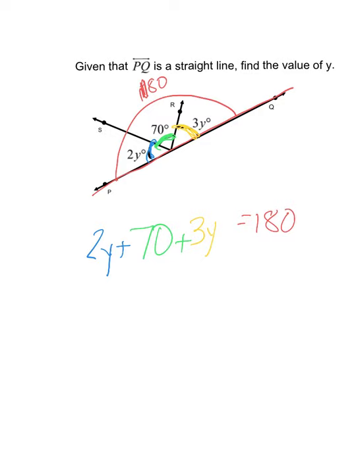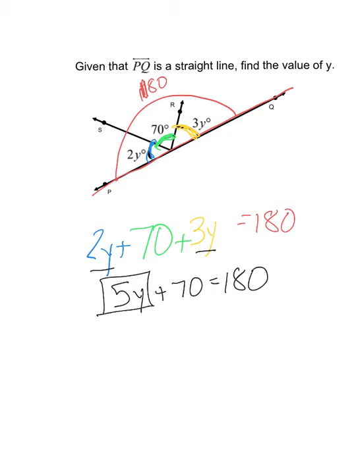So now I'm going to solve. These are on the same side of my equation and they are like terms, so I'm going to combine those first. So 5y plus 70 equals 180. I need to solve for y. This is my variable term. I want to get it by itself, so I'm going to subtract 70 from both sides first. 70 minus 70 is 0, so it leaves me with 5y on the left-hand side. 5y equals 110.